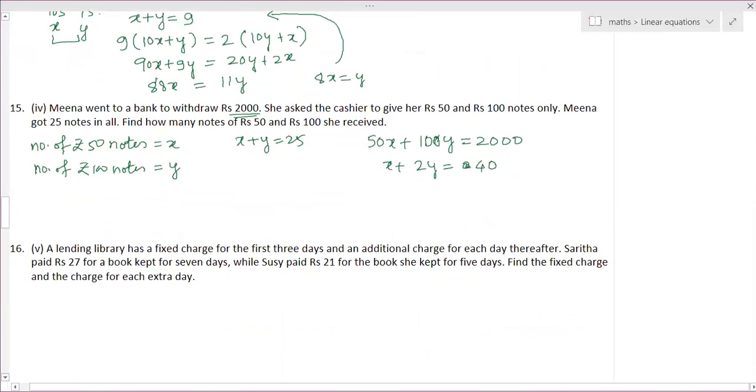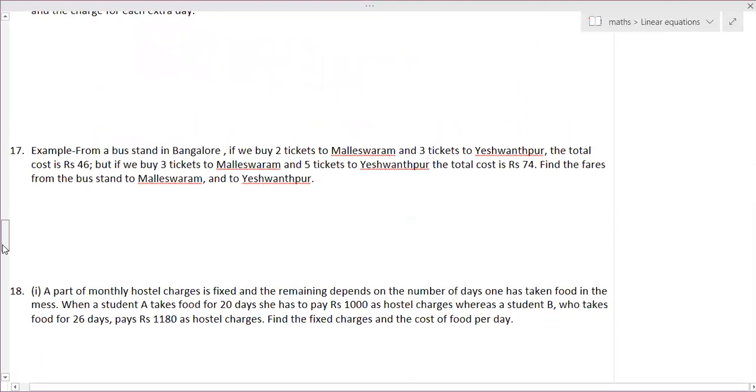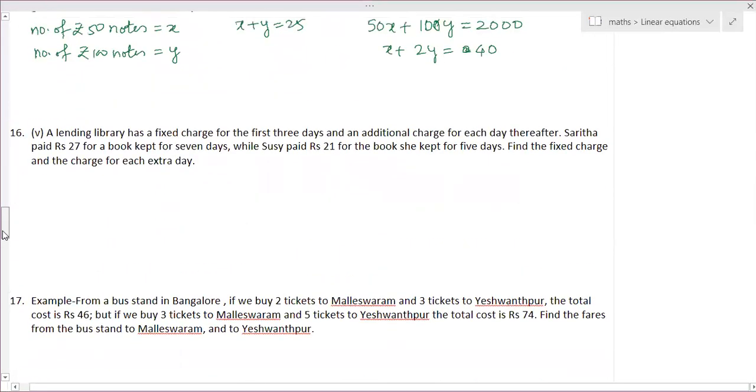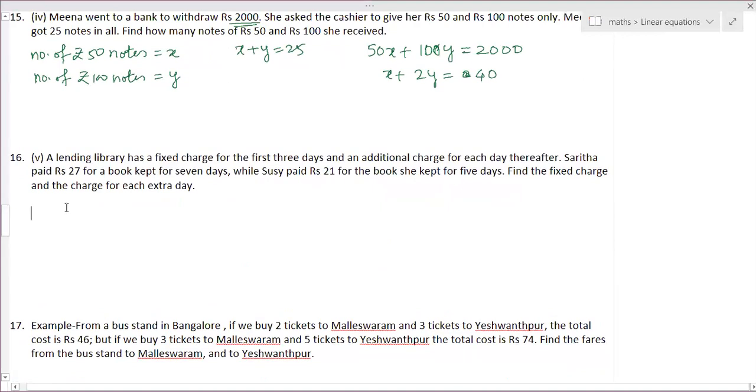Ma'am, y is equal to 15 and x is equal to 10, right? Yes, right. Yes, ma'am, even I got it. Okay, good.